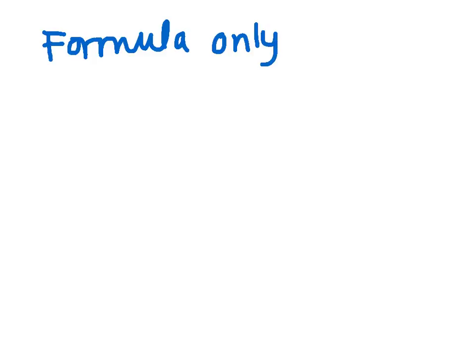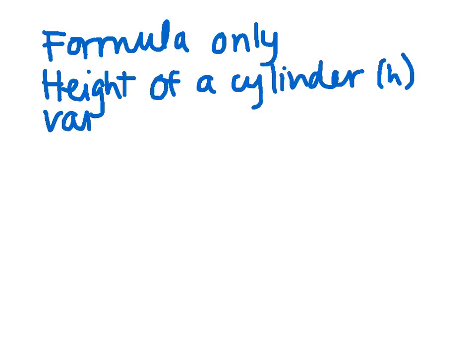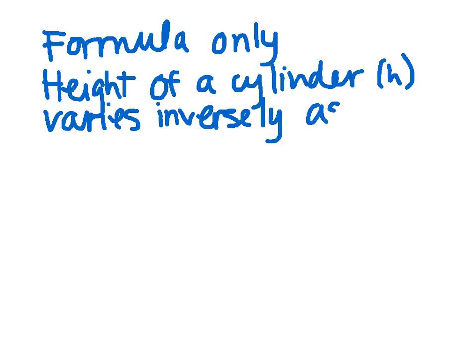So in the example, the height of a cylinder, and they say a right circular cylinder, but for our purposes, we're going to call that h, varies inversely, and right away you've got that clue that you're going to be multiplying the two variables together for a constant, as the area of the base, and we're going to call that A of the base.